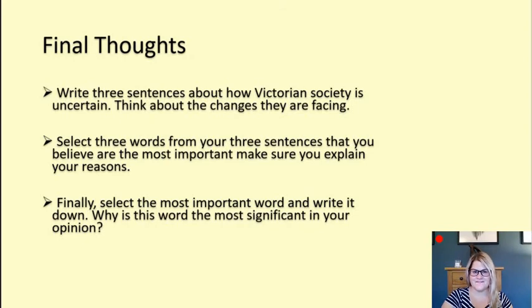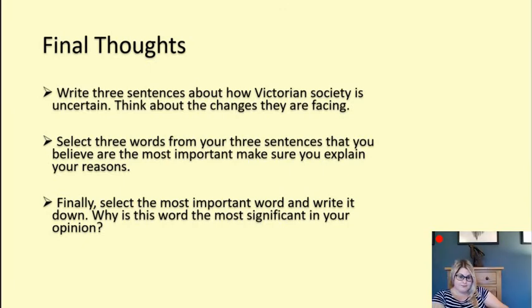Okay, final thoughts for today. So, write me 3 sentences about how Victorian society is uncertain. Think about the changes that society was facing. Then, select 3 words from your 3 sentences that you believe are the most important. Probably should be some punctuation there, but make sure you explain your reasons.